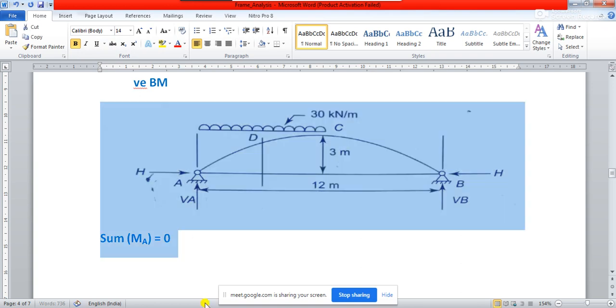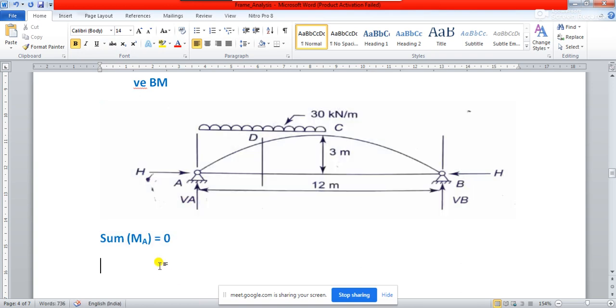As we have discussed, this VB is going to create a moment about A, and how much will be the moment for this VB?